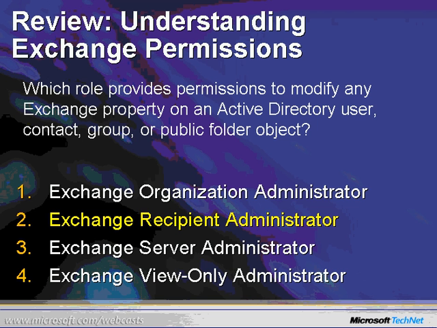The particular one that only allows you to manage recipient objects is the Recipient Administrator. A Server Administrator can only administer server-specific attributes or settings, versus the Organization Administrator, who can do everything. And then of course View Only is just that. They can only view the settings but not actually set anything.